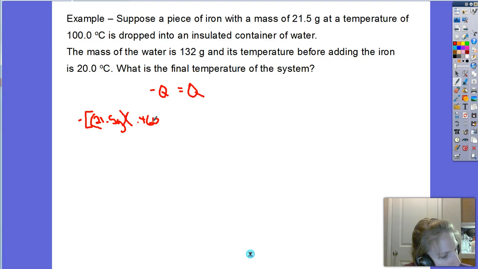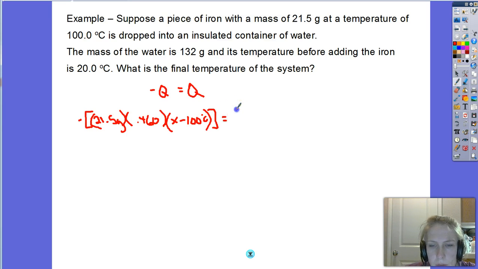That is going to be joules per gram degree Celsius times our temperature change. So we don't know what the final is, so we're going to put X for the final, minus the initial, which was 100 degrees Celsius. So now this side is good.